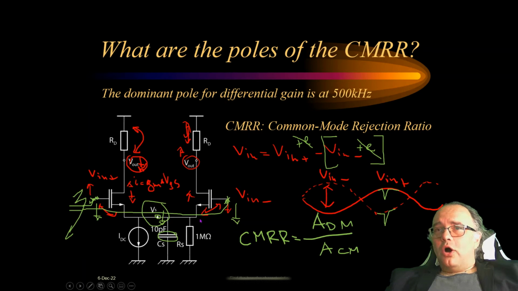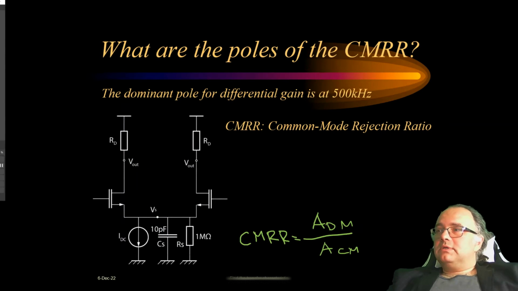So the common mode gain will effectively increase, because this transistor operates at low frequency as a common source amplifier with degeneration, where the impedance is very high, 1 megaohm, and it will go to almost ground at very high frequencies. So the common mode will increase, and we want to investigate this.